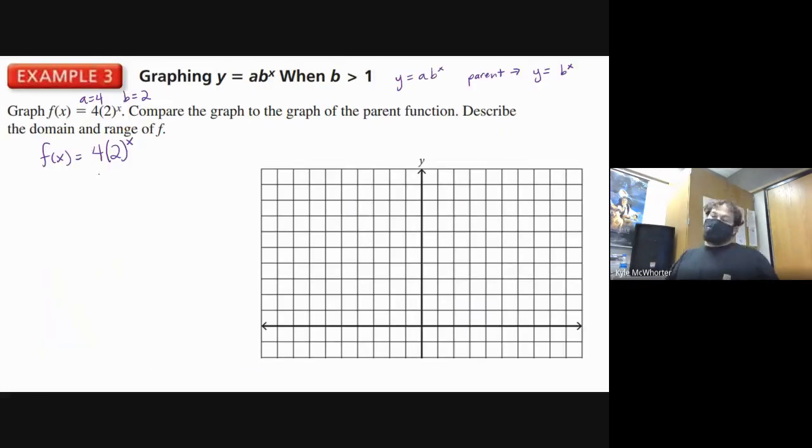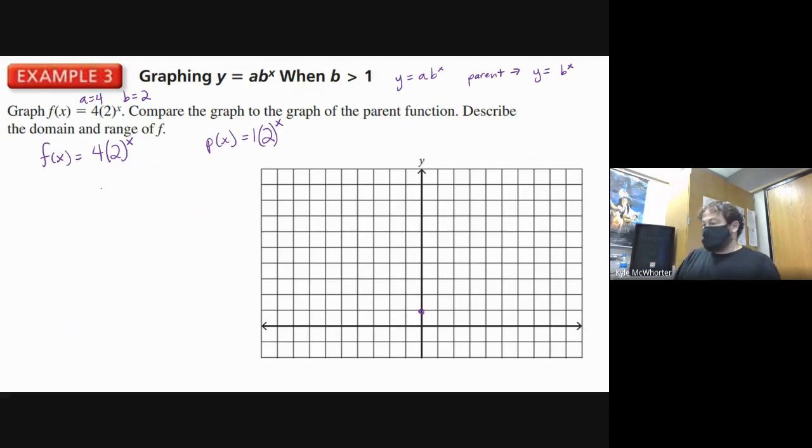I'm going to say our parent function. I'm just going to write what that is. It's just 2 to the x. So the parent function is really 1 times 2 to the x, so it has a y-intercept of 1.